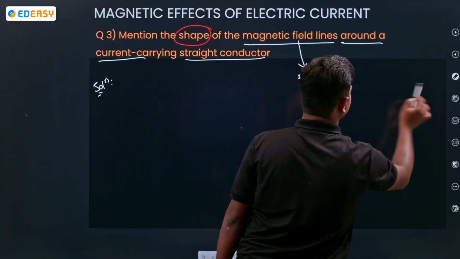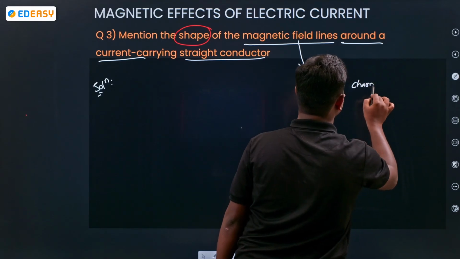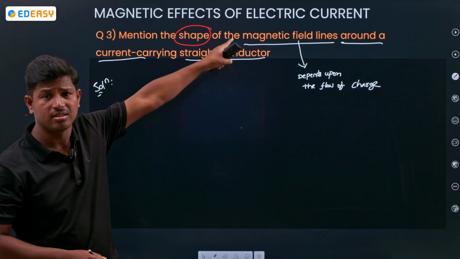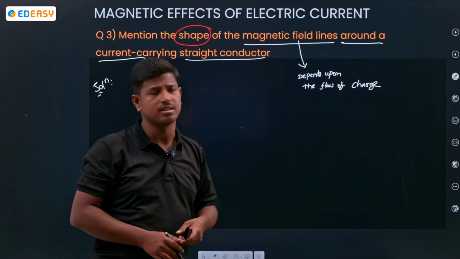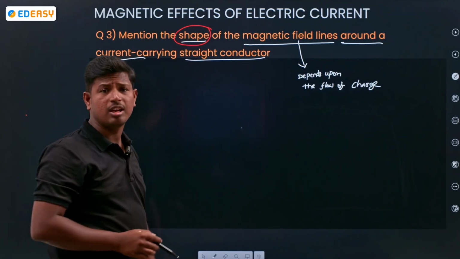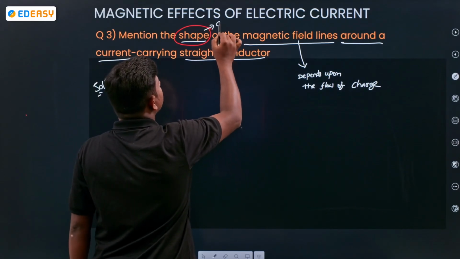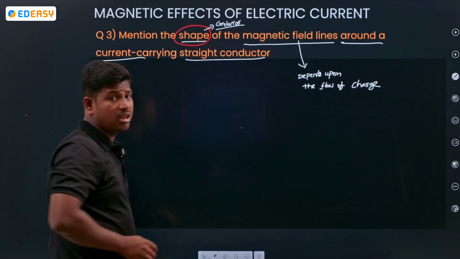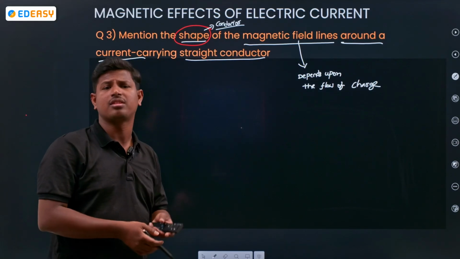Magnetic field lines, we just discussed: current increases, flow increases, magnetic field increases. So what does the shape depend upon? The shape depends upon the conducting material, whether it is straight or circular or triangular or any other shape.